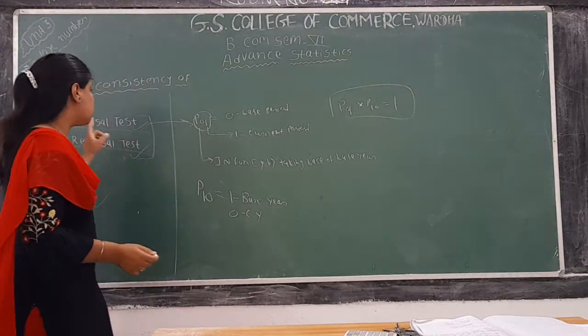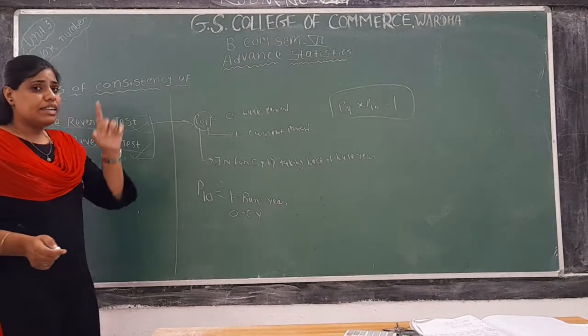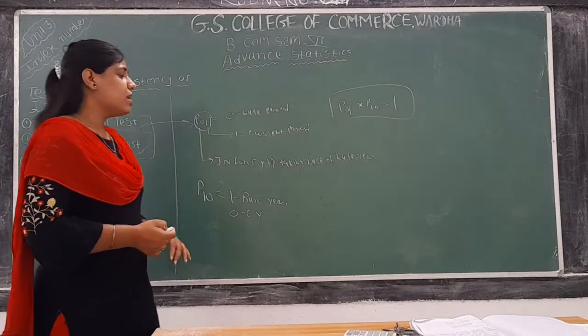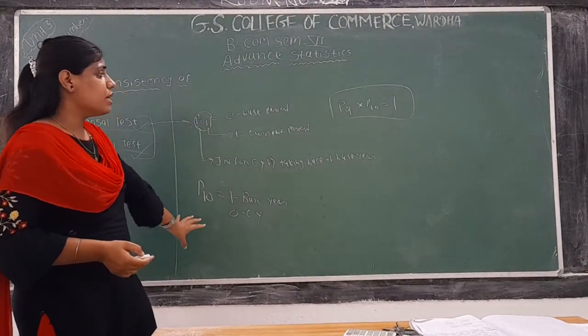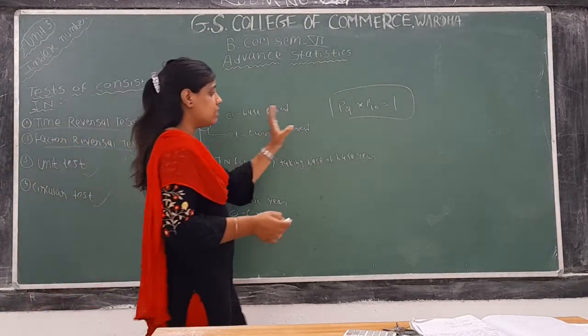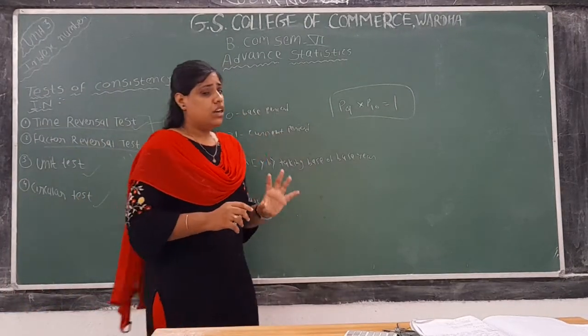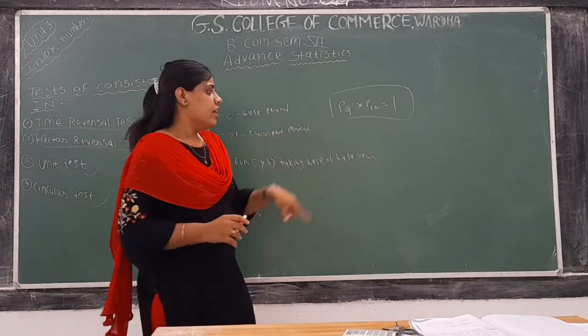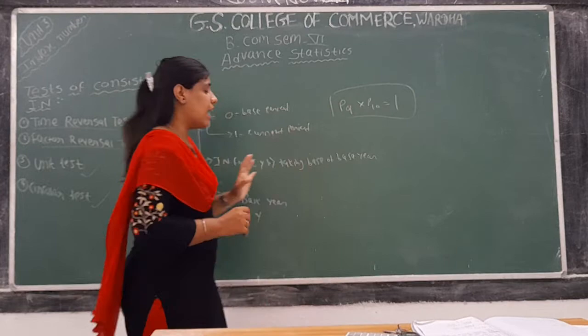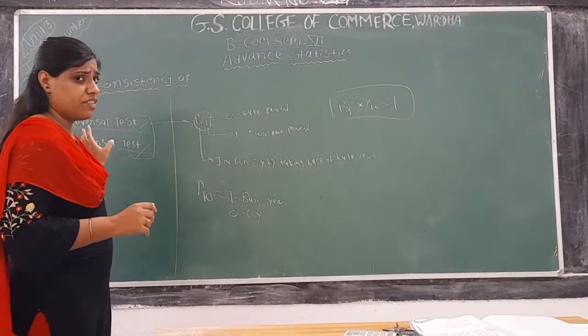Why is it being called the time reversal test? It is called the time reversal test because here we are reversing the base period, and after reversing the base period, we are applying this test and seeing whether P01 into P10 is equal to unity or not. If it is equal to unity, then we say that the formula is satisfying the time reversal test.